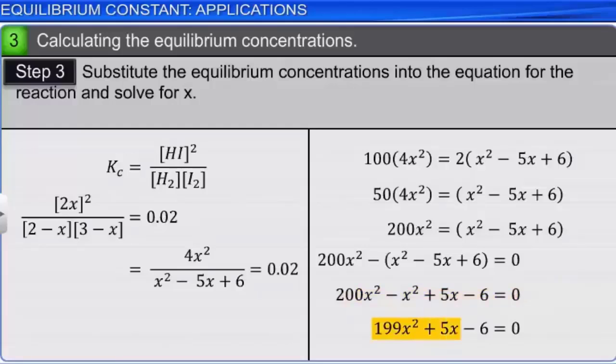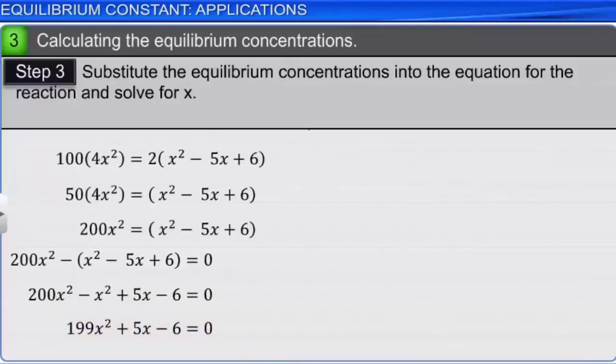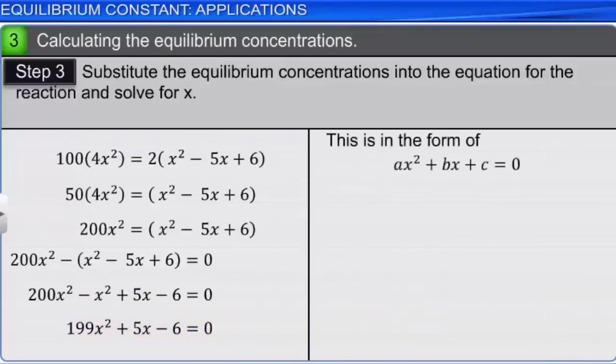This is in the form of a quadratic equation, ax square plus bx plus c is equal to 0. In this equation, a is equal to 199, b is equal to 5 and c is equal to minus 6.